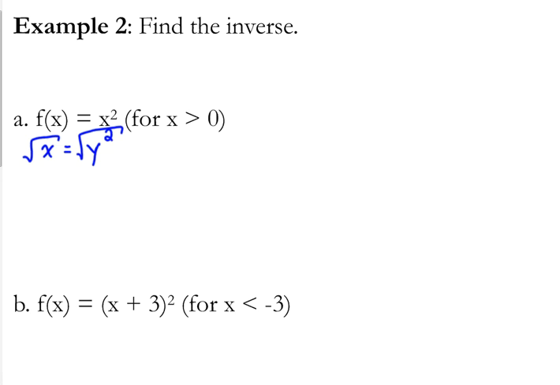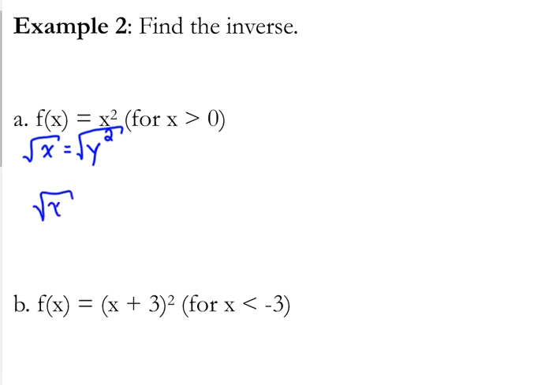Now typically when we take the square root, we're supposed to remember what? Anybody remember what goes in front of a square root when you take it? Plus or minus. But we're not going to include the plus or minus here, and I'll show you why graphically.